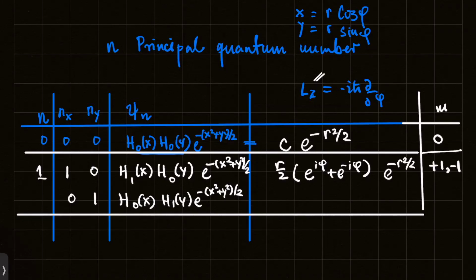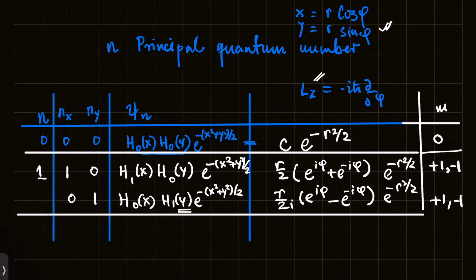And what we see here is similarly, we'll have r, but here we will get y. So y is sine. So we'll get a different linear combination. Here e to the power i phi, and there'll be 1/2i, minus e to the power minus i phi, e to the power minus r squared by 2. Right?